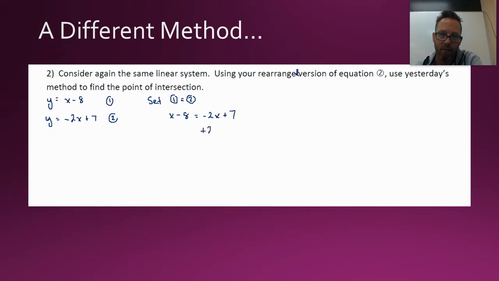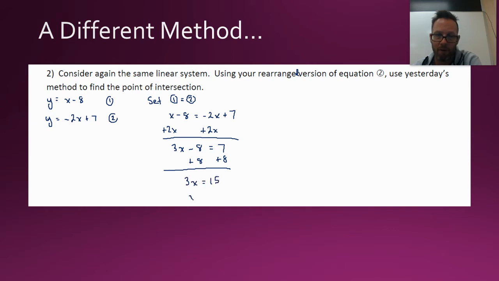Let's add 2x to both sides. 3x minus 8 equals 7. Let's add 8 to both sides. 3x equals 15. Oh no, 3 times 5 is 15. So x equals 5, just as we expected.